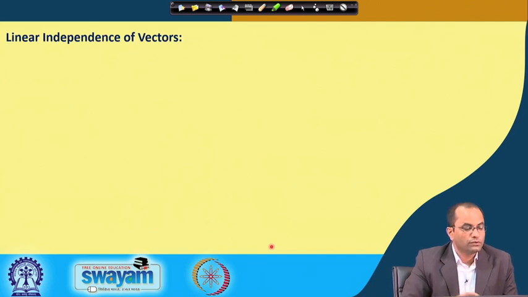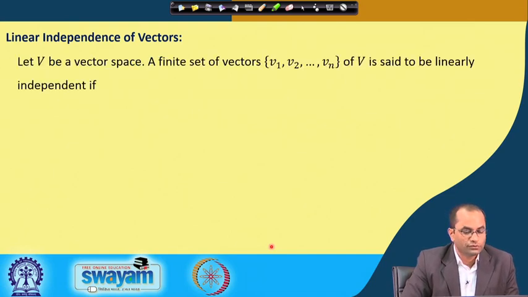Okay, well, now going to the next topic, we will be talking about linear independence of vectors. And what do we have here?